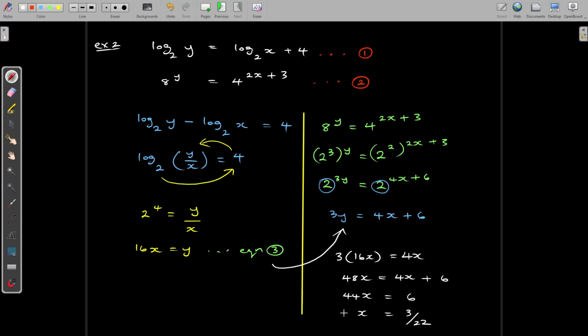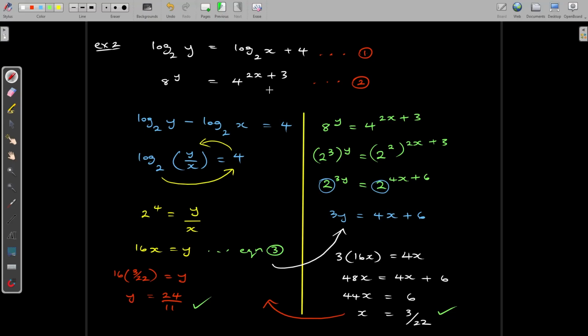So now that we have the answer for x, we can say 16 times 3 over 22 is equal to y, and y will be equal to, so 2 into that, 8 3 is 24 over 11. So that's what y is equal to. So that's what x is equal to, that's what y is equal to. And of course, you can put those values in the question to verify.